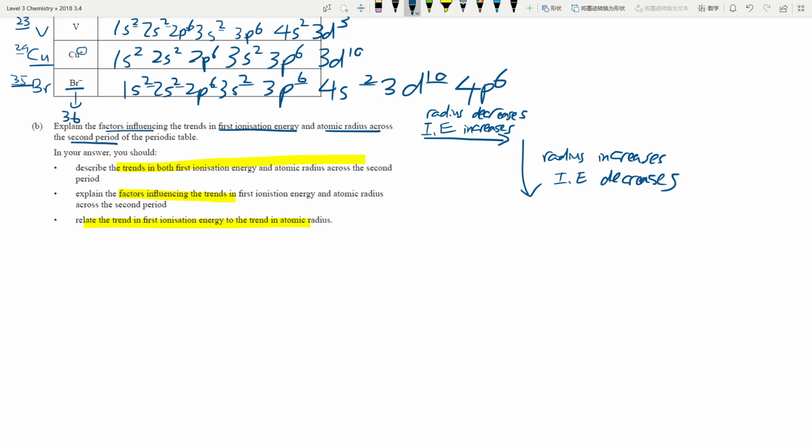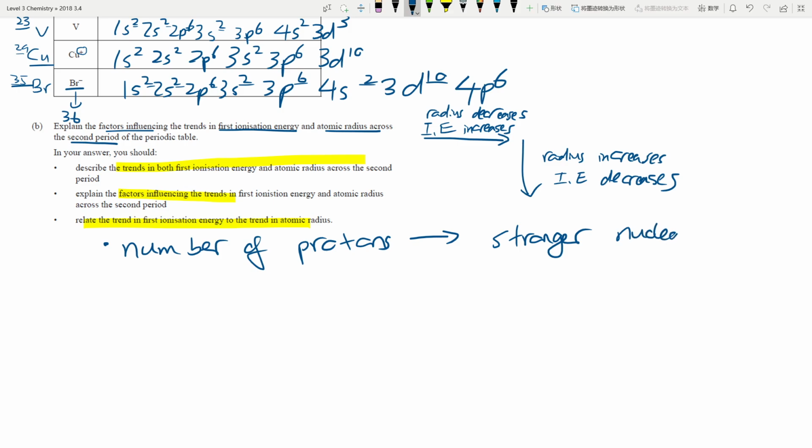Now, why does it do that? The first factor they always want you to consider is the number of protons. As you go across the periodic table, you have more protons and more electrons. Because you have more protons, you have a stronger nuclear charge, or a stronger force of attraction coming from the nucleus.